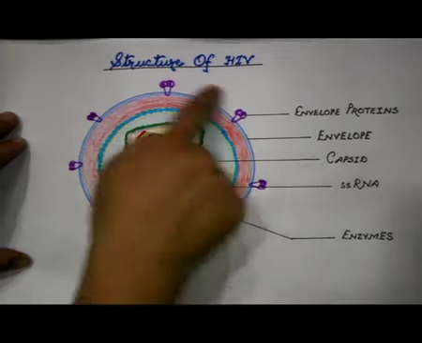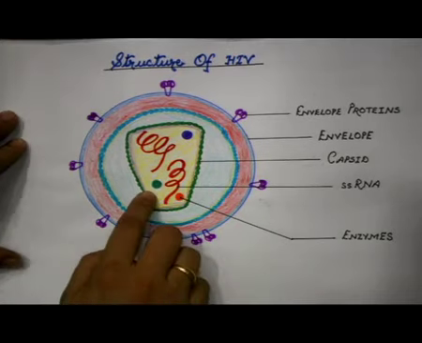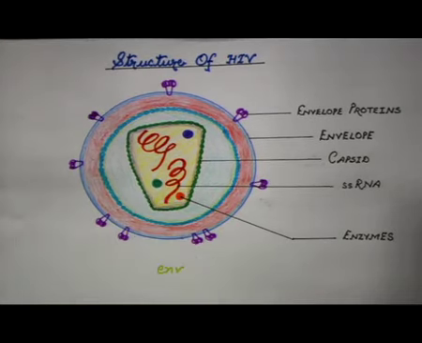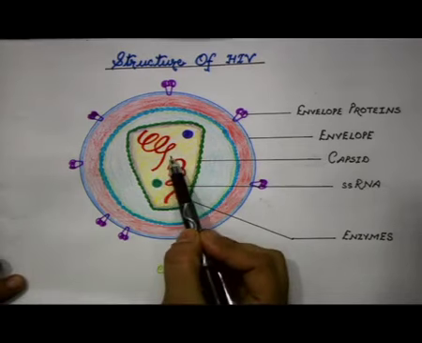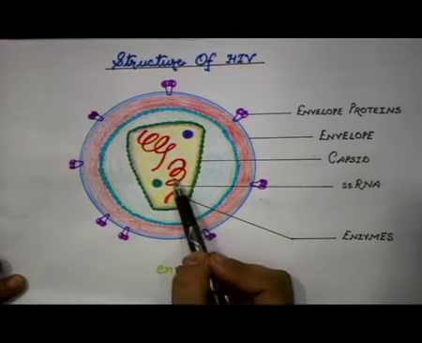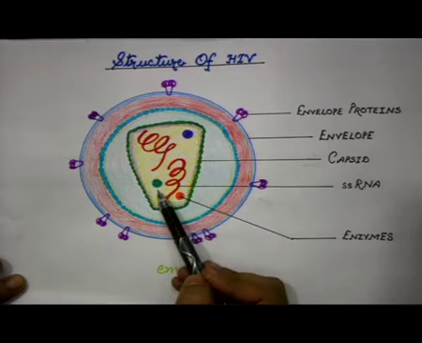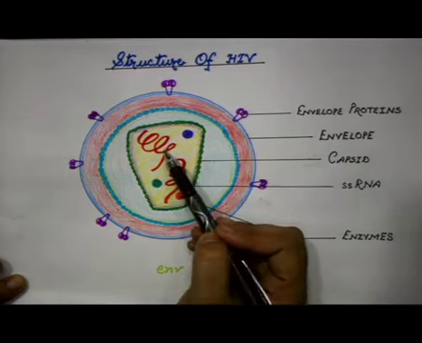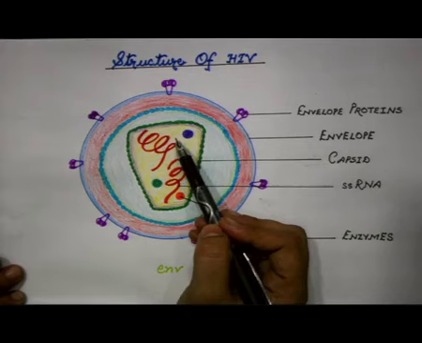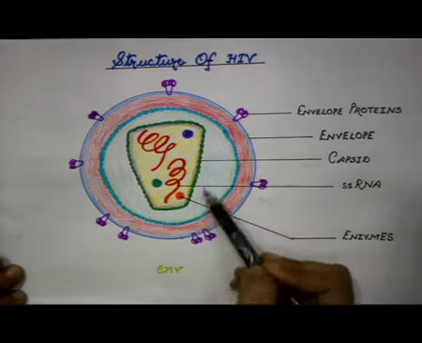Let us have a look at the structure of the HIV virus. So, if this is the virus, this here is the genome made up of 2 single stranded RNAs. It also contains the enzymes which are required by the virus for completion of its life cycle. This is the capsid.